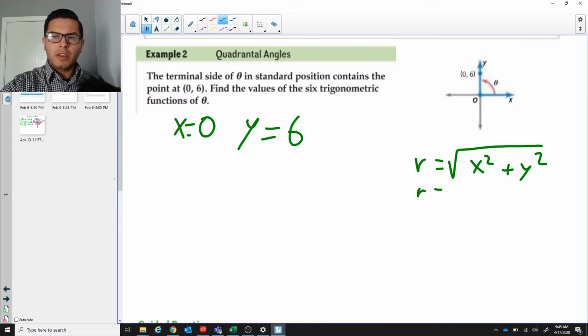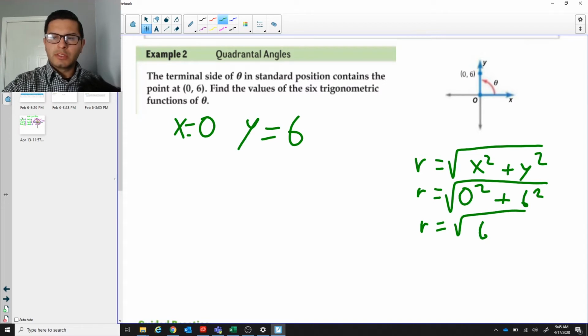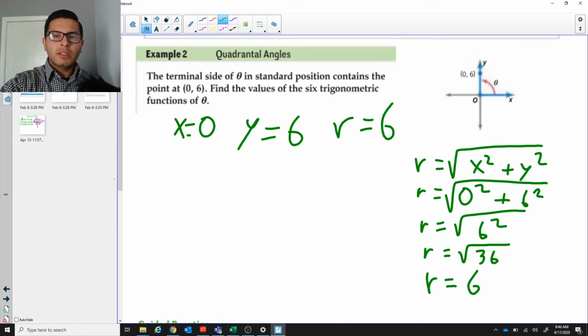So we would say r equals the square root of 0 squared plus 6 squared. So that's just going to be the square root of 6 squared, or you could also say the square root of 36. So that's going to equal 6. So we were right. Our r value does equal 6.